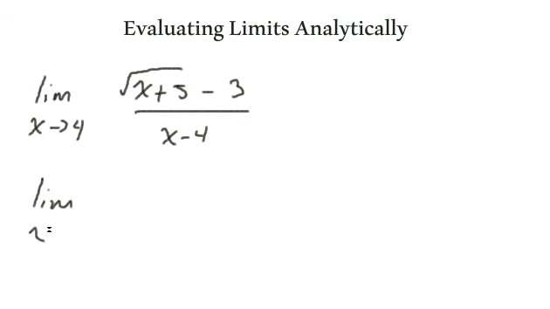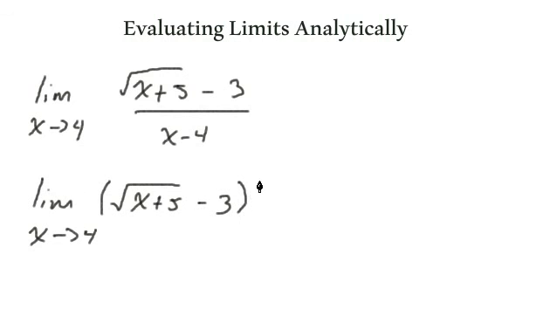So what we're going to do, just like we did in the last problem, is multiply the numerator by its conjugate. So we have the square root of x plus 5 minus 3, and because we have a minus, we're going to put a plus here.